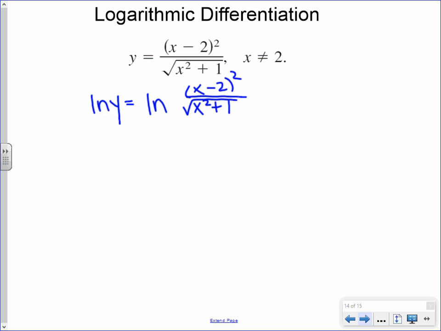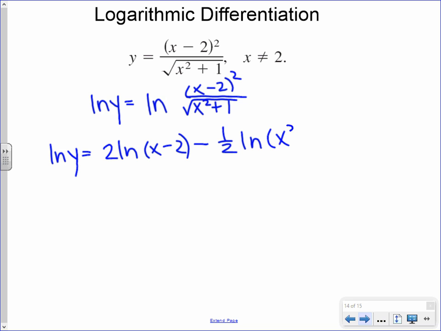Why would we do that? Okay, we can solve it easier by doing what to the right side? Expanding, right? We have this big, yucky fraction that we can expand. We could write this as 2 natural log of x minus 2 minus 1/2 natural log of x squared plus 1.